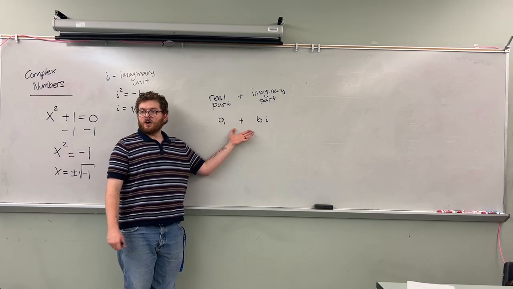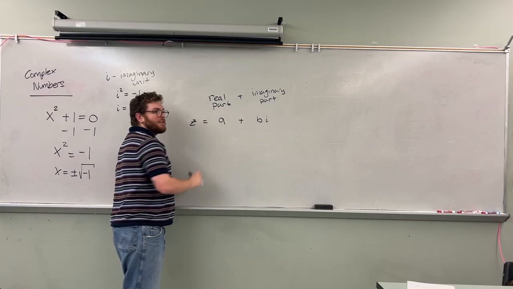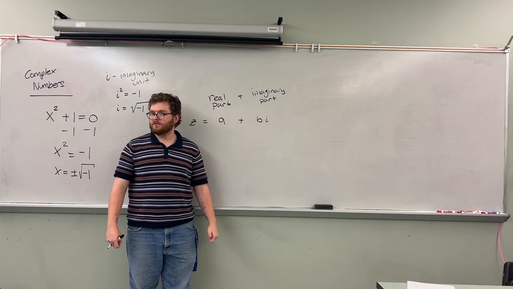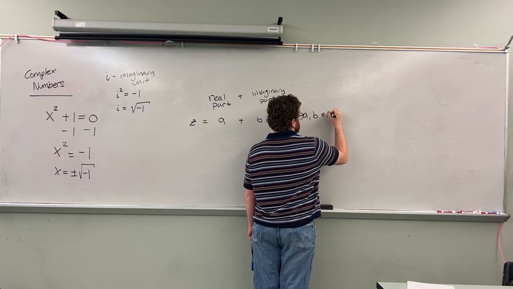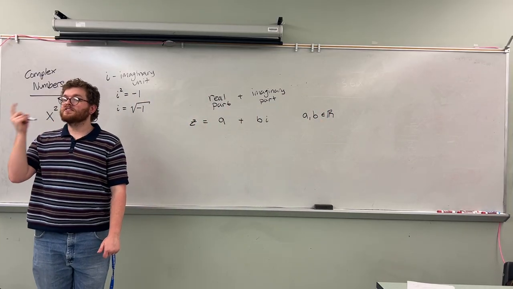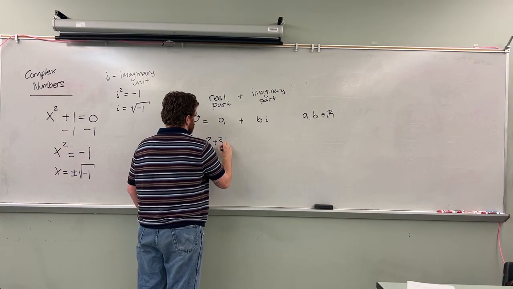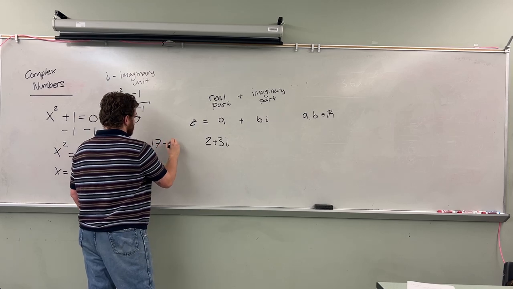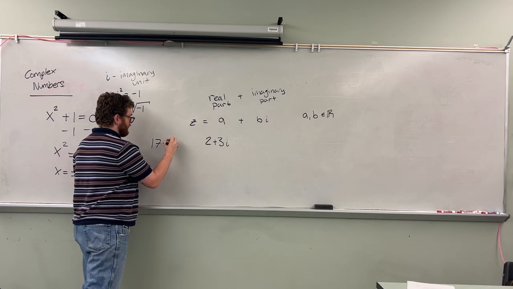So every complex number, which we'll say z maybe, is equal to the sum of a real part and an imaginary part. Both a and b here are real numbers. So some examples of complex numbers might be 2 plus 3i, or maybe 17 minus 5i. That's supposed to be a 5, it looks like an S.